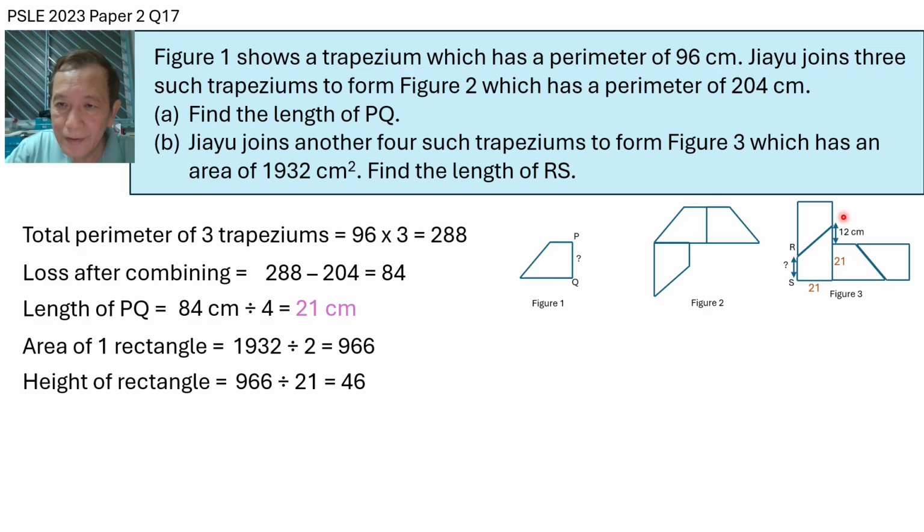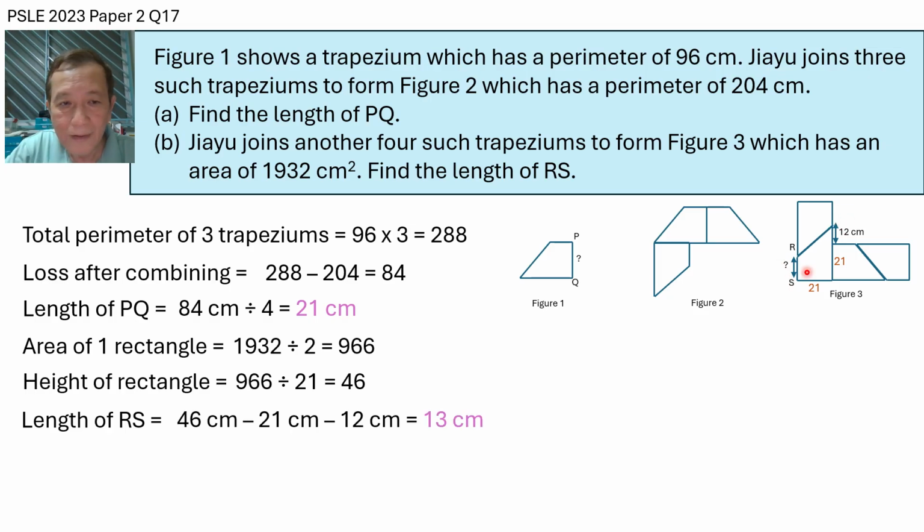So this is 46, the whole thing. So we can find this short length, which happens to be the same as RS. 46 cm minus 21 cm minus 12 cm equal 13 cm. And we have our second answer.